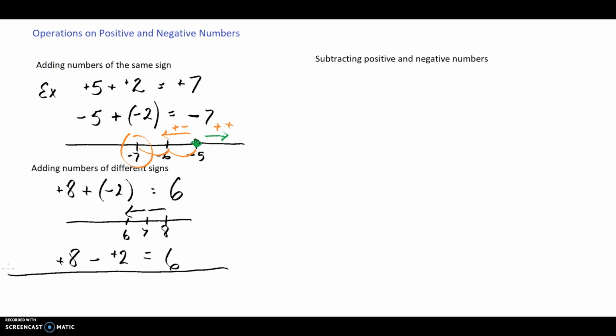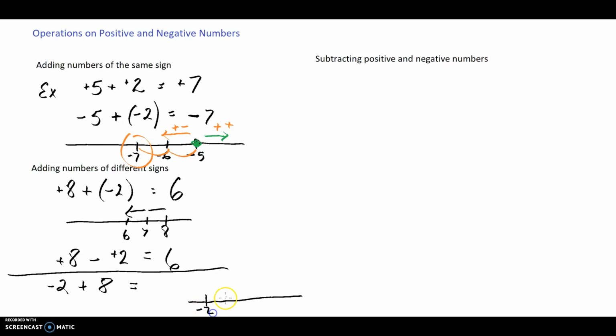Changing the order to do the negative first, negative 2 plus positive 8. This was still adding numbers with different signs. If I sit at negative 2 and I add 8, adding a positive means go right on the number line. So there's my number line.